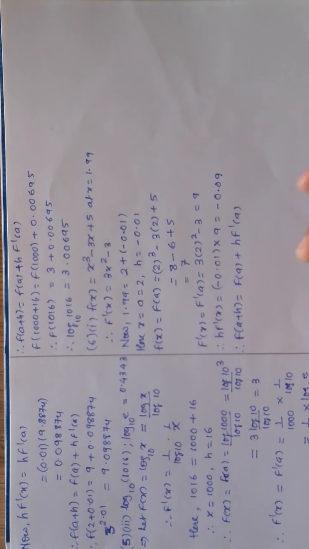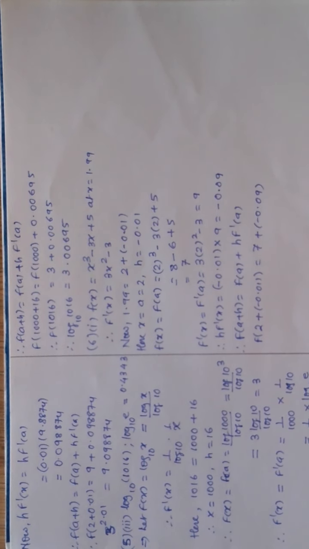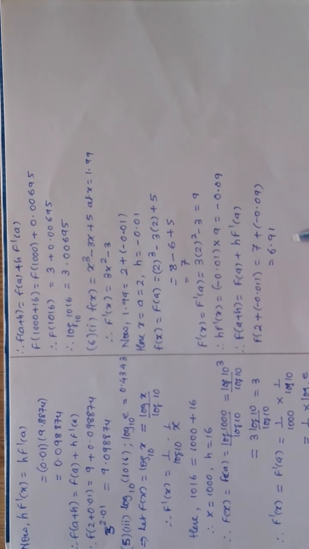Now your a is known to you as 2 and h is minus 0.01. So f(a) found out, it is 7 and this is plus minus 0.09, which will become 6.91. This is f(1.99).